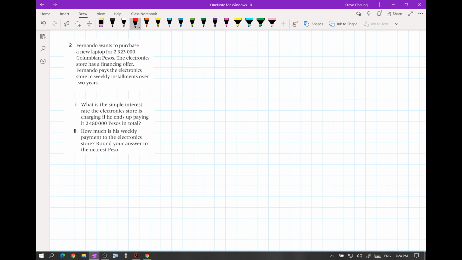Basically, here, you want to find the difference between how much you have to pay off in total versus what the price was listed at. And that should be that for the difference.